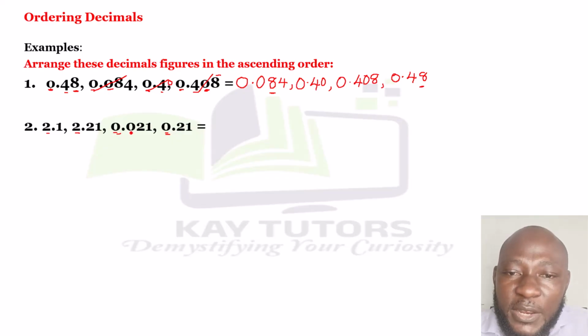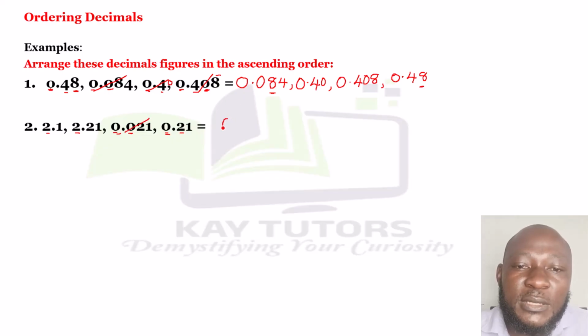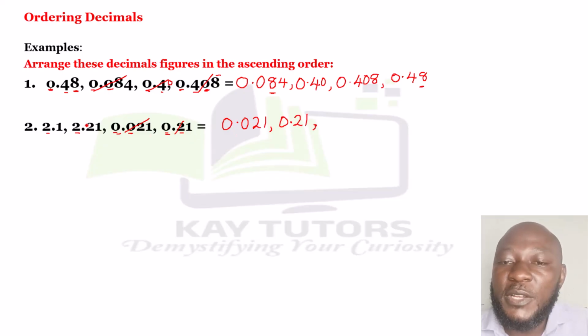So we have 0 here, the second digit, and here we have 2. So this is the smallest. So the smallest is 0.021. Then next we have 0.21. Now let's consider these ones here. This is 2.1, while this is 2.21.